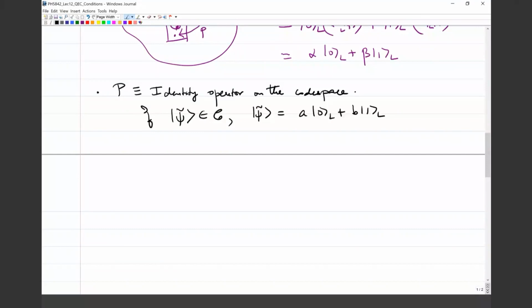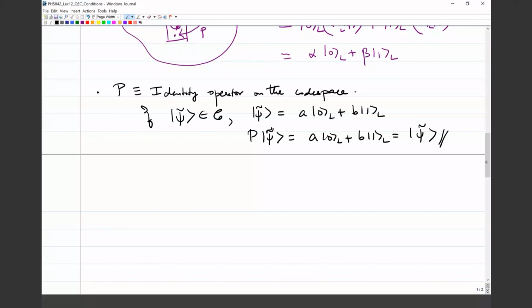And so the action of this projector onto the code space on such a state is going to again give me the same state, right? It's going to leave it invariant. So this is like an identity operator on the code space. It's as if you acted on the psi tilde state by just the identity operator. So that's the projector on the code space.